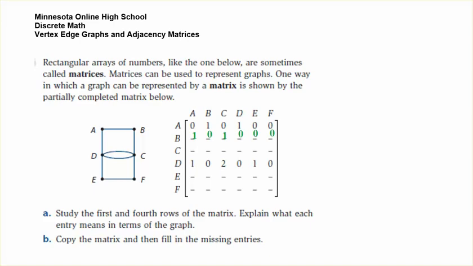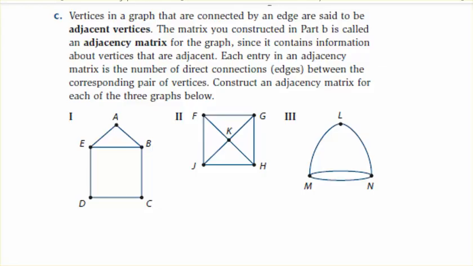Notice that this adjacency matrix is made primarily of zeros and ones. It is possible to have other numbers. Notice that D and C have a 2. That's because D and C are connected by two lines. Vertices in a graph that are connected by an edge are said to be adjacent vertices.